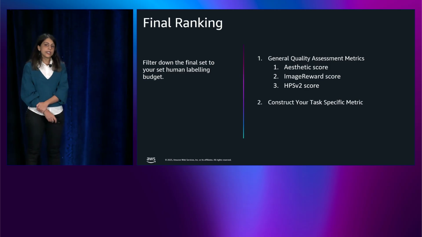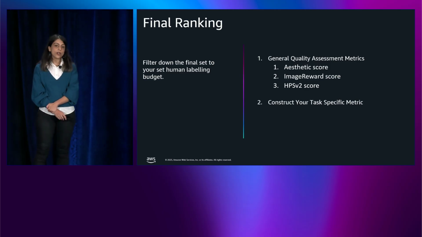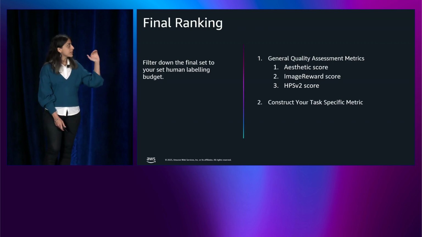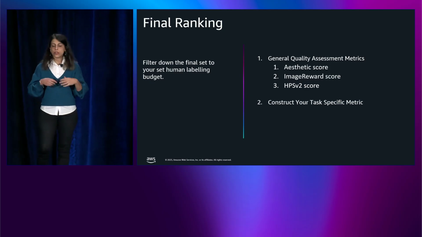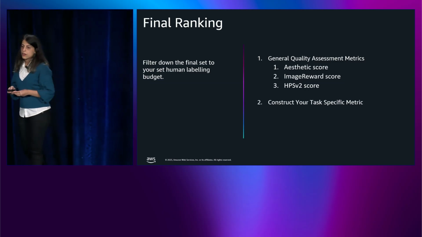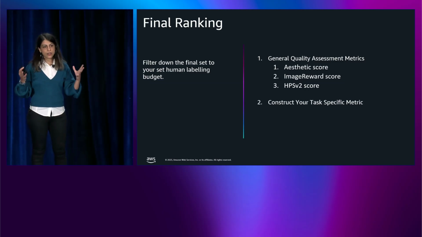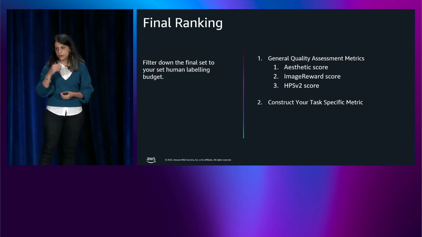There are already really good models out there to do aesthetic scoring for you. There is an aesthetic model, there is image reward, HPS v2 that you can use out of the box and generate scores for your images. These three models are different ways of creating a score-based measure of the aesthetic quality of your images.